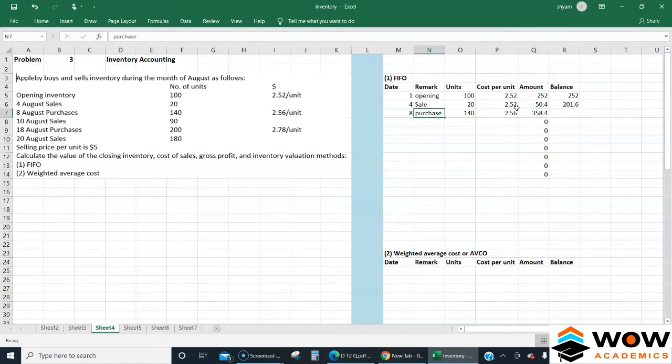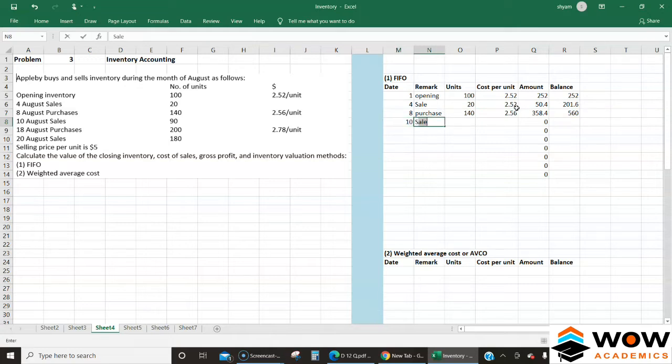Now this is where things get interesting in FIFO. Already we have some units, 80 remaining, and now we have 140 units put together. The existing value plus the current amount purchased together forms the total balance of inventory.